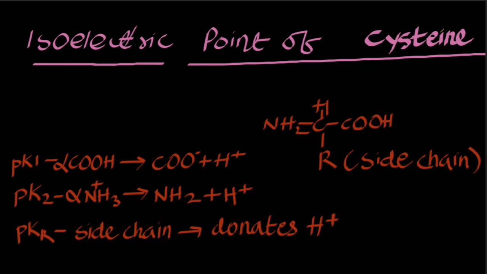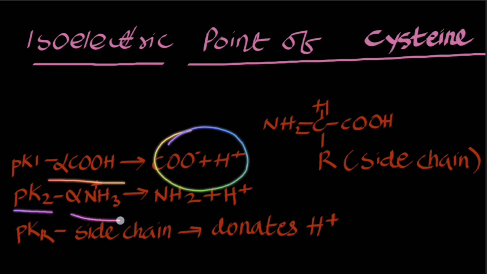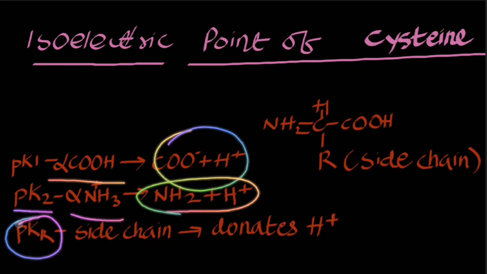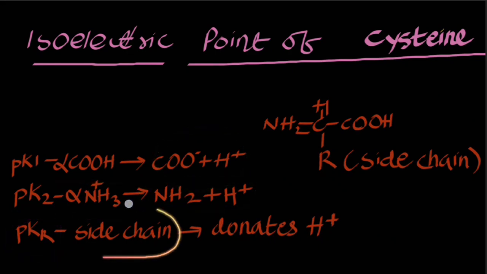As we already know, pK1 is the particular pH where the carboxylic acid will lose its hydrogen. pK2 is the value where the alpha amino group will lose its hydrogen, and then pKr is that particular pH at which the side chain will lose its hydrogen, right?